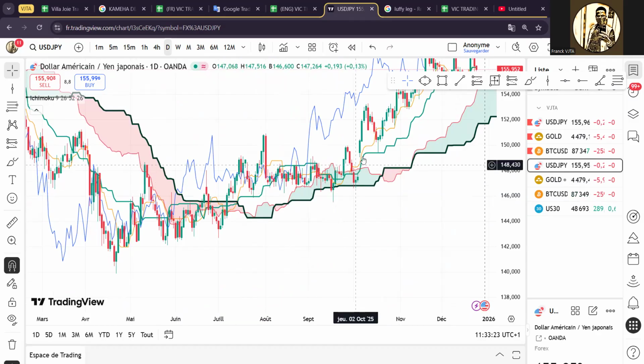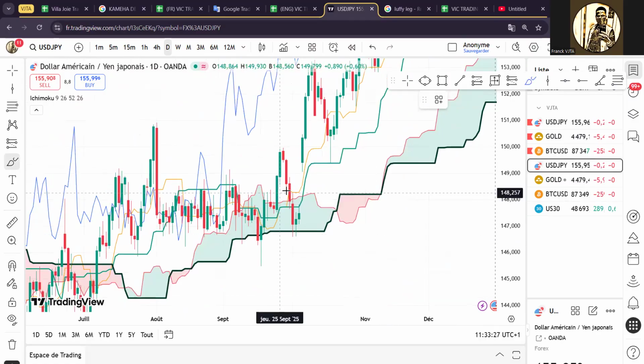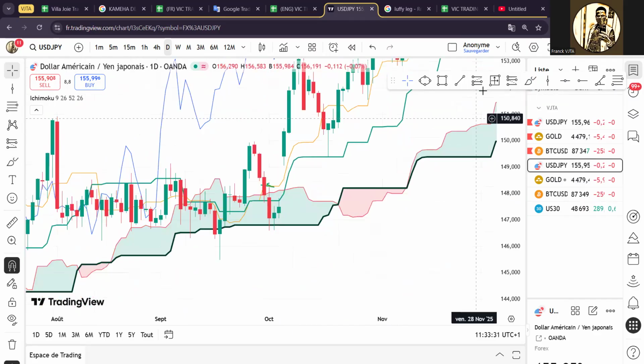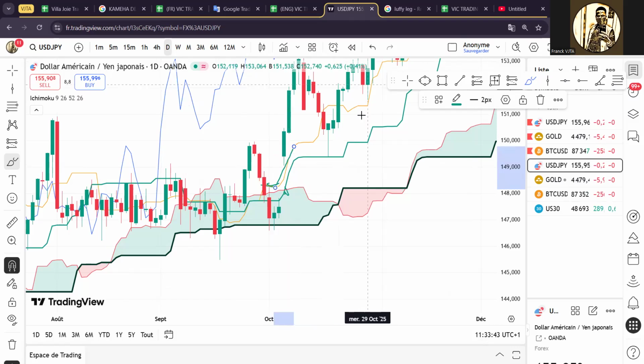Then this one was the push trend. You see that this push trend created a little bit of Tenkan bending to the downside here. But that bending did not completely cancel the movement of the push trend. Then Tenkan kept moving to the upside. No problem about it. But look at this older push trend.